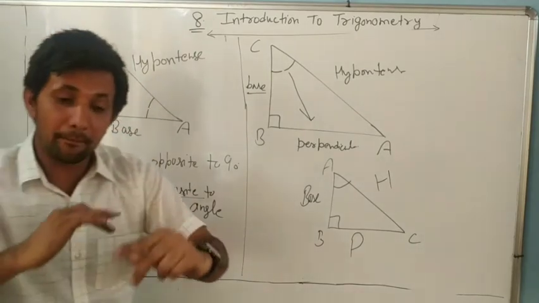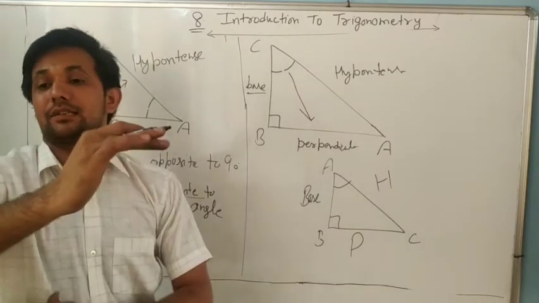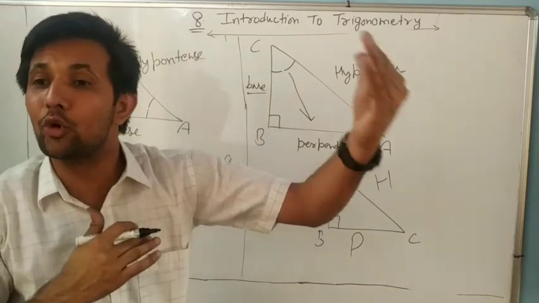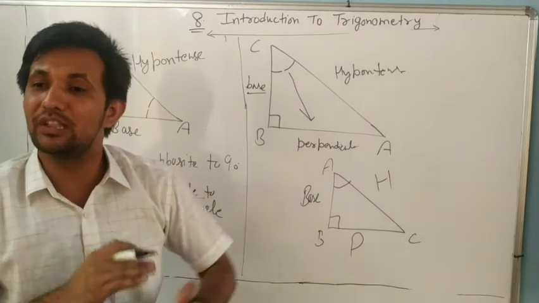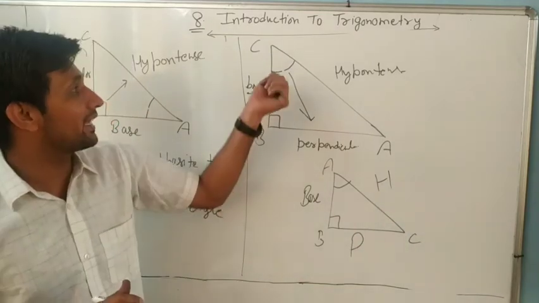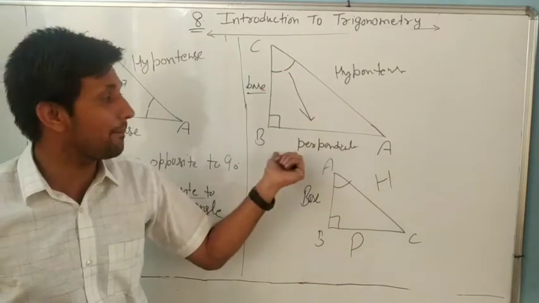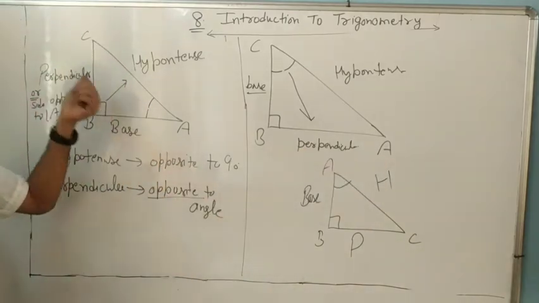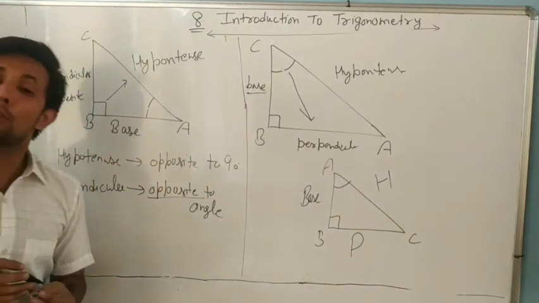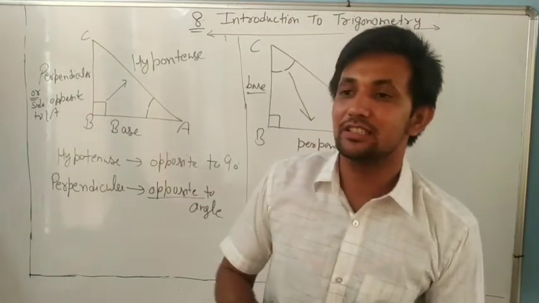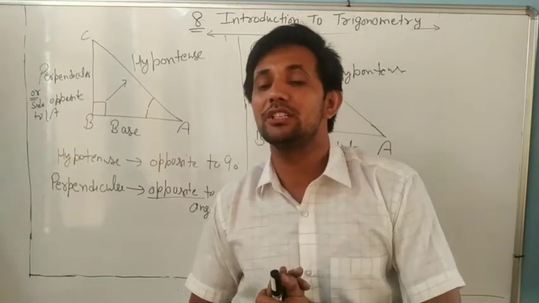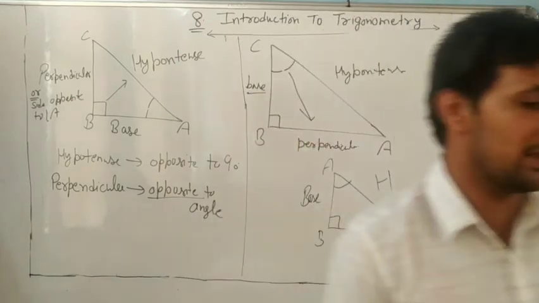It means perpendicular changes with respect to the angle. So perpendicular always changes with respect to the angle. Okay, please note it down.